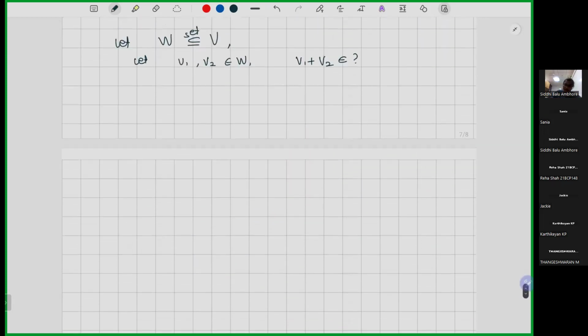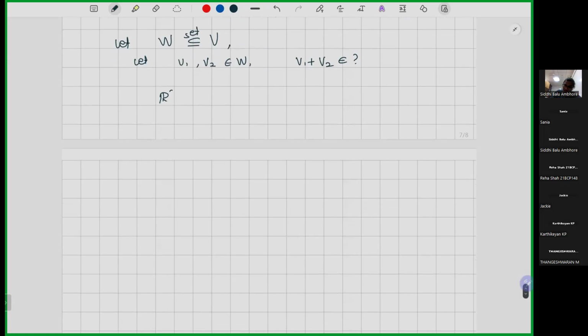For example, if I'm talking about R3, let us take W to be just one element, nothing else. And they are asking whether W perp for this particular set is a subspace or not. This is the question.